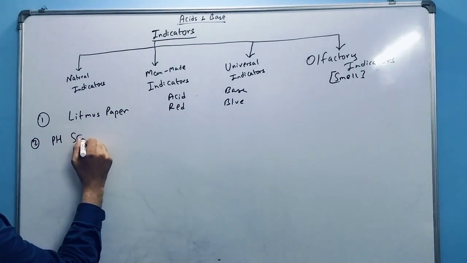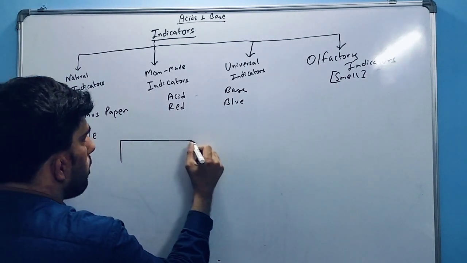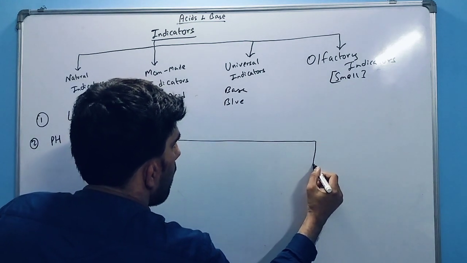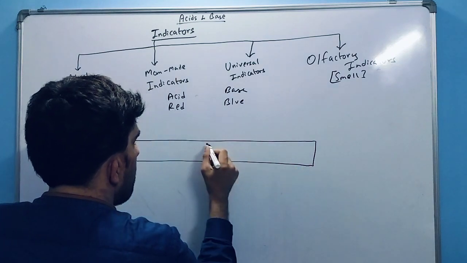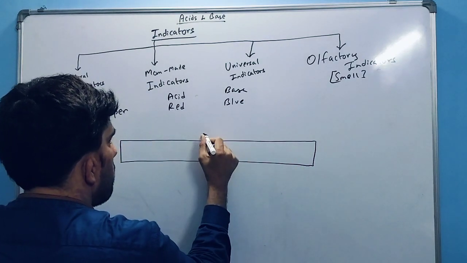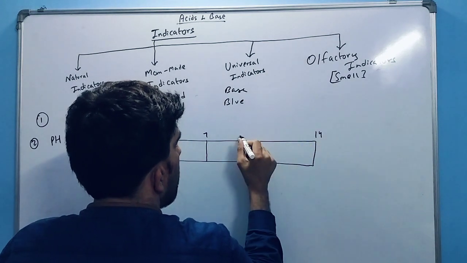We'll talk about the pH scale, how it works. This is 7, this is 0, and this is 14.